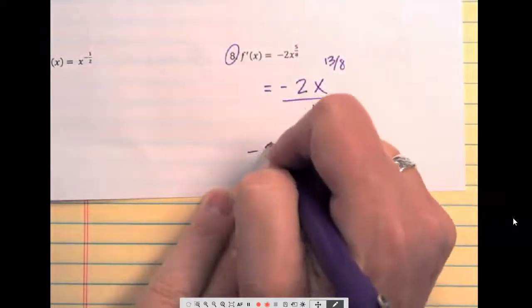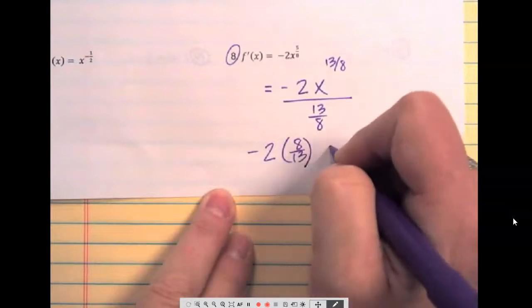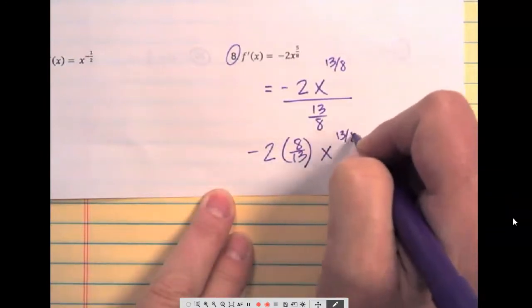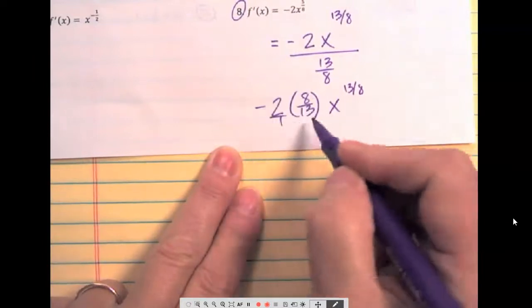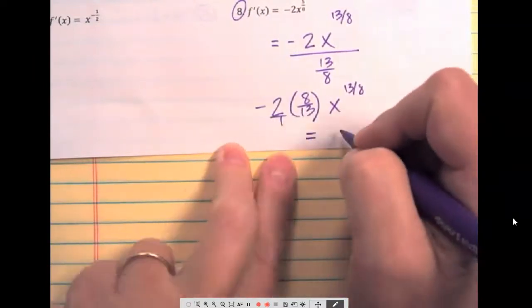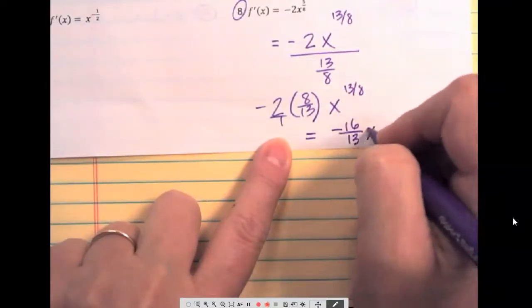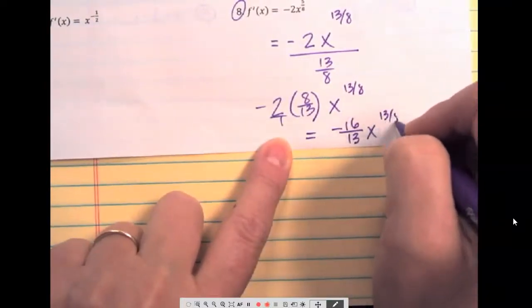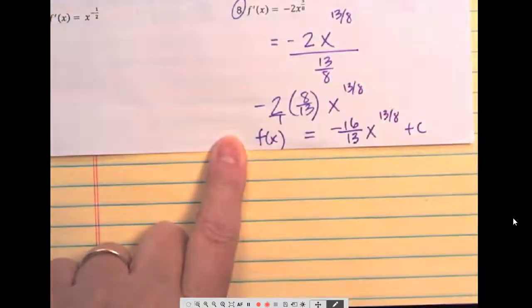So I would think of this as -2 times 8/13 x to the 13/8. And that's really just 2/1, so we multiply straight across, and that gives me -16/13 x to the 13/8. And that was my original function.